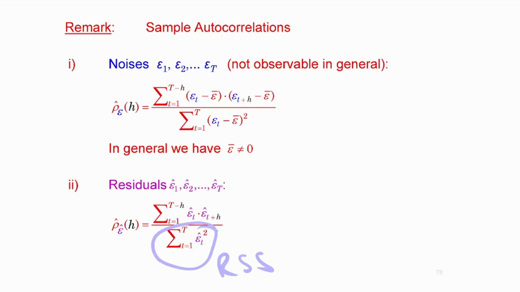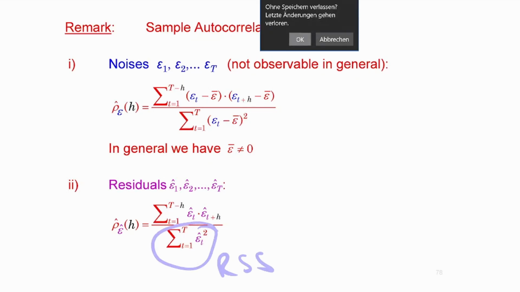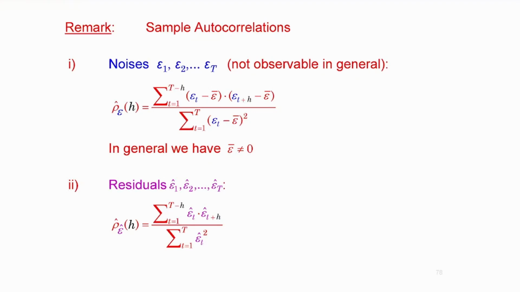All right? And these are two different expressions because one is referring to the corresponding process and the corresponding observations, that are not observable in general. And one is going to be based on the corresponding estimators, which are not observed directly, but they are estimated. I mean, they are calculated from observations, but they are estimated.